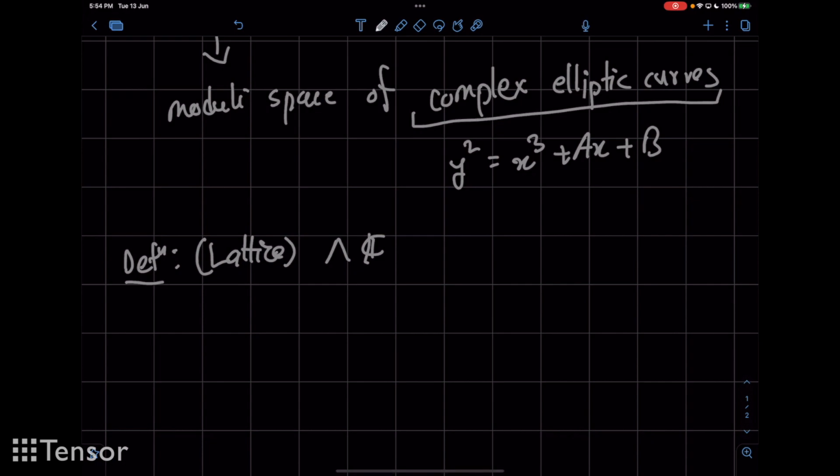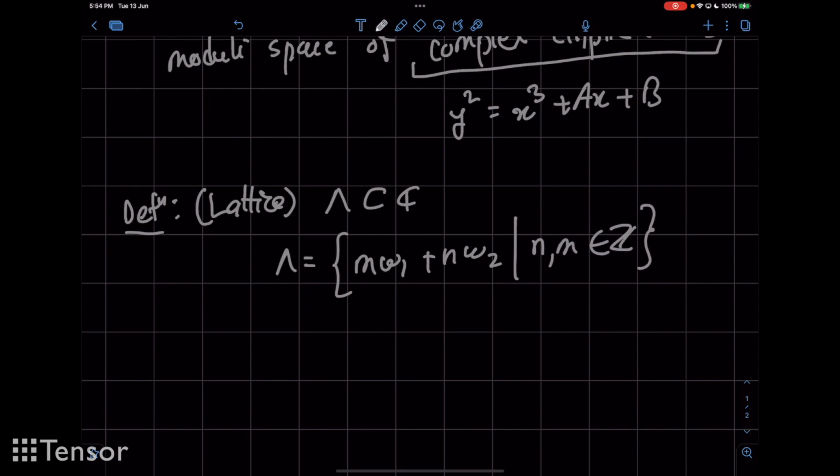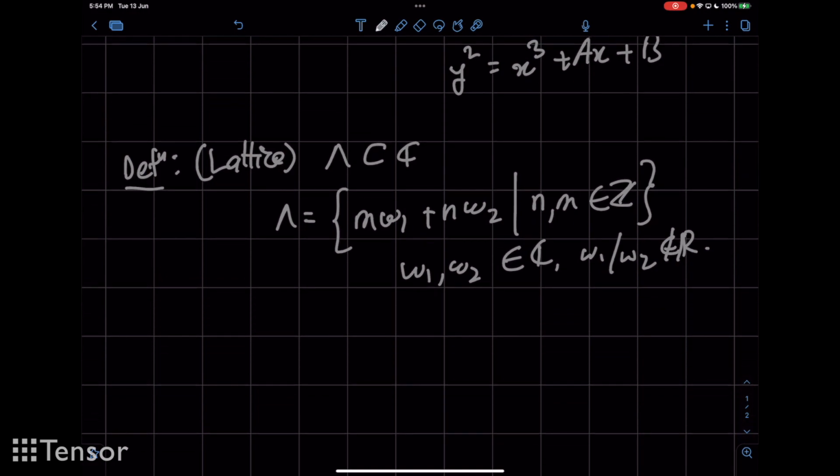So let's say this is a subset of C, and we are assuming this is a subgroup as well. We shall call this a lattice if all the elements are of the form m omega 1 plus n omega 2, where n and m are integers, and omega 1 and omega 2 are complex numbers such that their ratio is not a real number. Sometimes we shall say that this lattice is generated by omega 1 and omega 2.